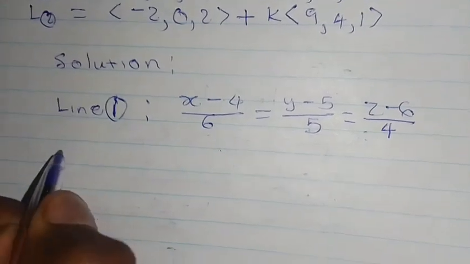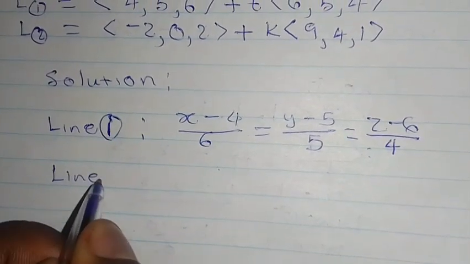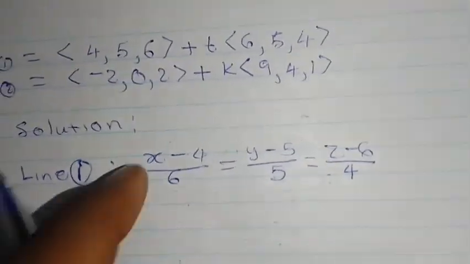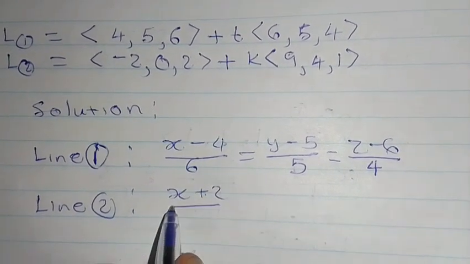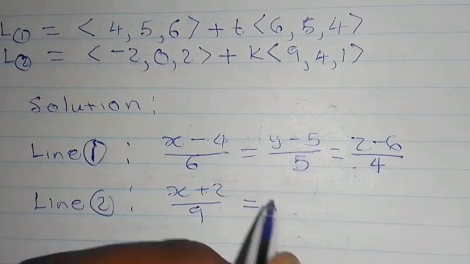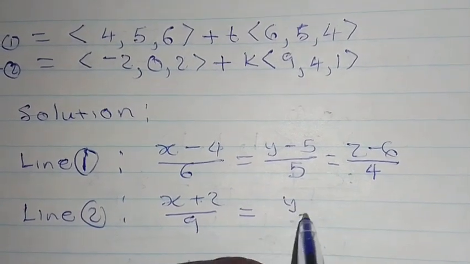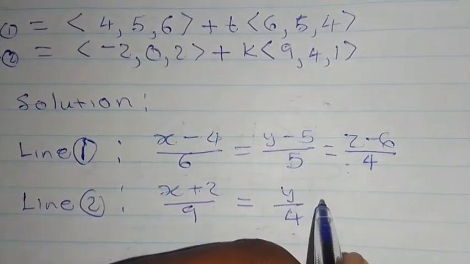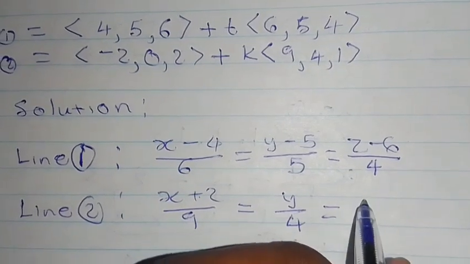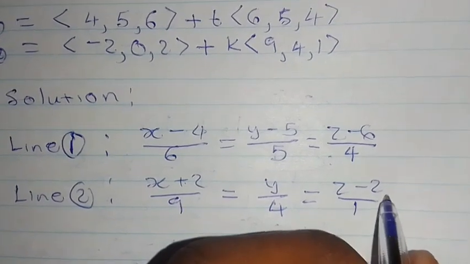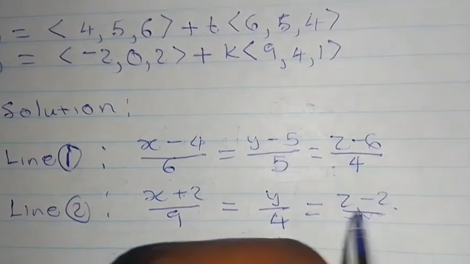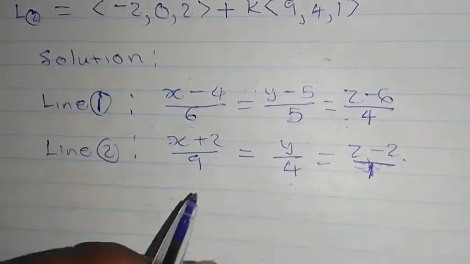So that's the symmetric equation of the first line. For line 2, try and see if you can find the symmetric equation. Then you'll have (x plus 2) over 9 equals (y minus 0), which is just y, over 4, which equals (z minus 2) over 1. That simplifies to z over 2, but let me just leave it like that, over 1. You can simplify.